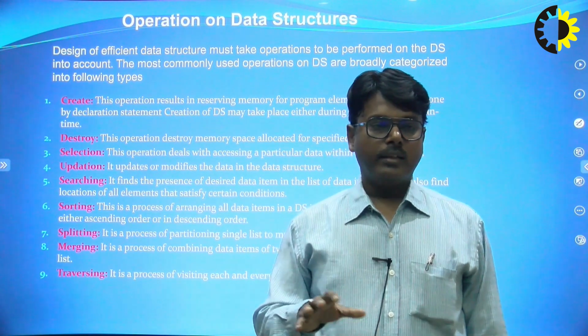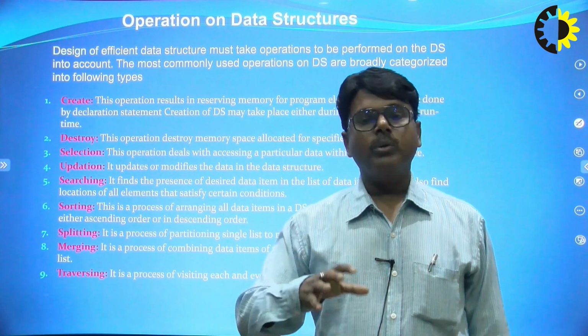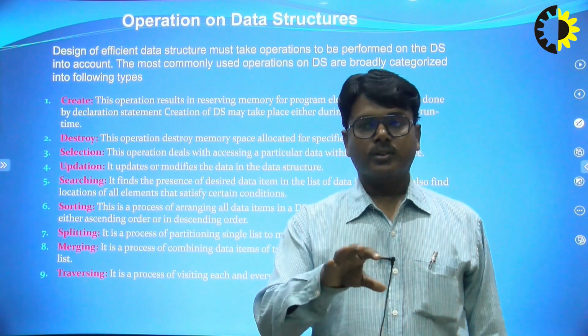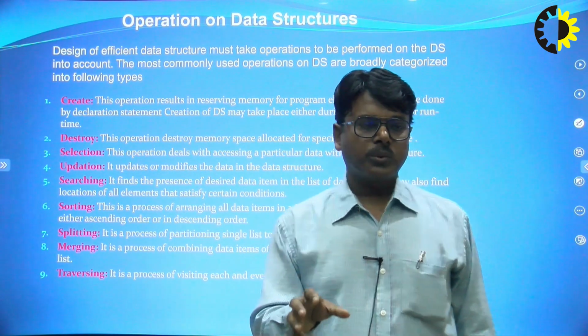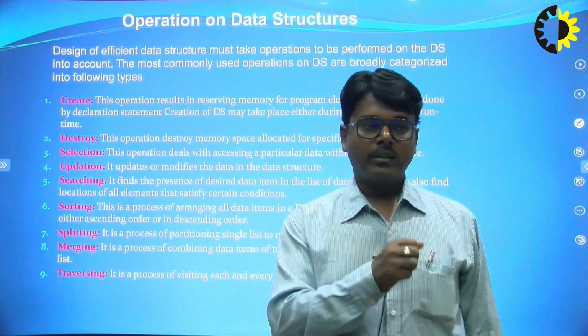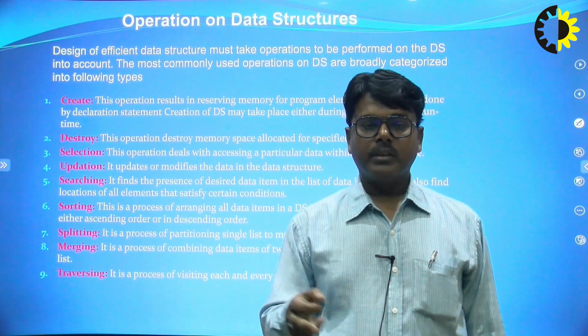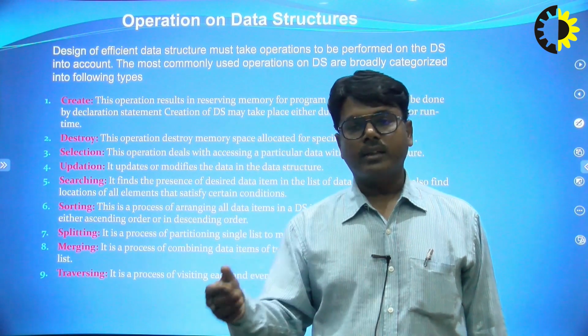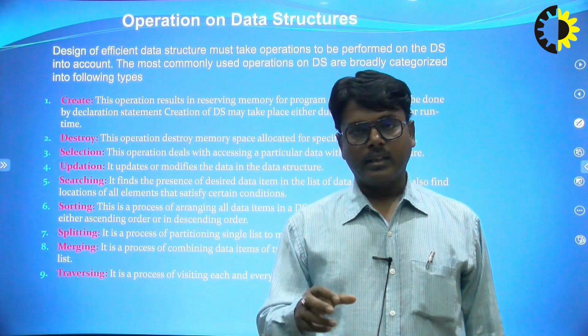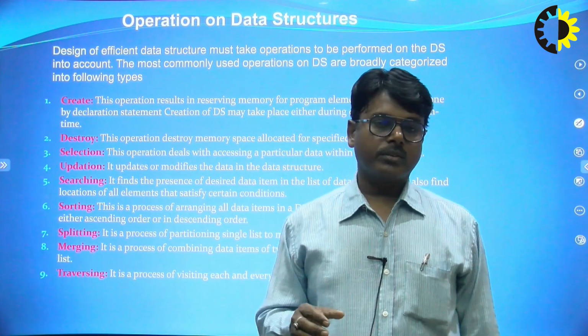So it depends upon the programmer how he wants to store, operate on, or sort the data so that it can be maintained. That's why another operation comes here, that is sorting, and sorting helps in accessing data in either ascending or descending order. Sorting helps in maintaining alphabetic order also.